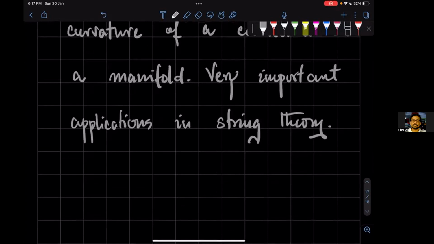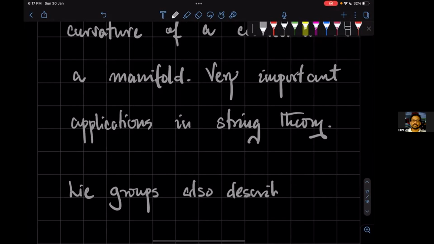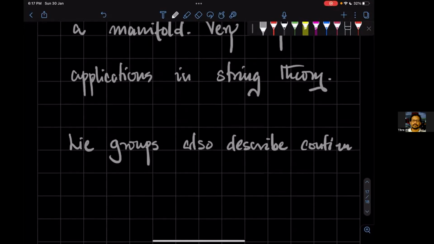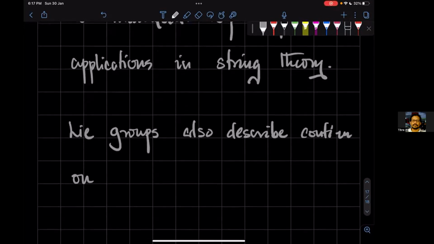And lastly, Lie groups also describe continuous symmetries of manifolds.